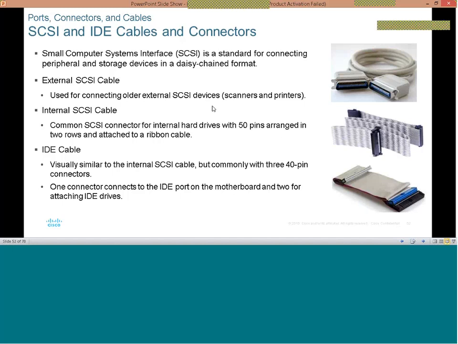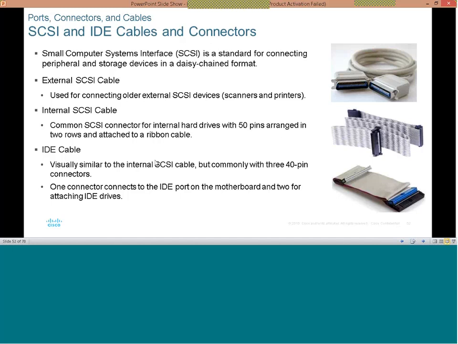The third is the IDE cable, which is also a legacy kind of connector. It's also referred to as PATA. It's similar to the internal SCSI cable, but commonly with 40-pin connectors. That tells you the number of pins the IDE cable has.